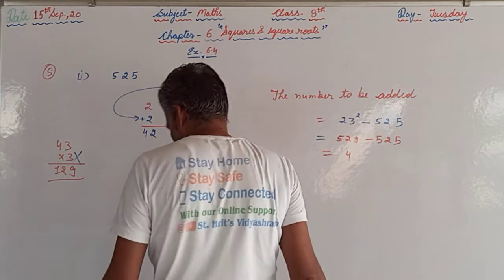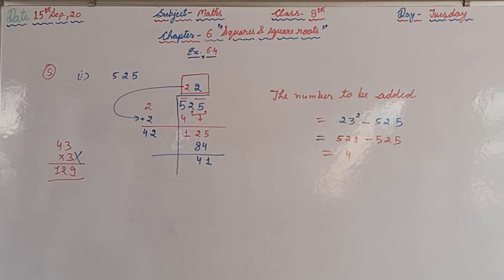So 4. So 4 must be added to this number, and after that it will become 529, and it will be a perfect square, and the square root of 529 is 23.